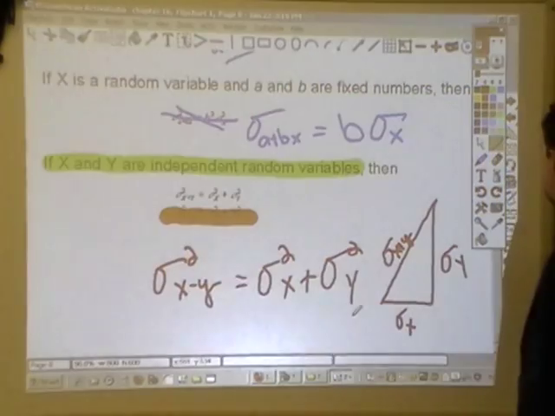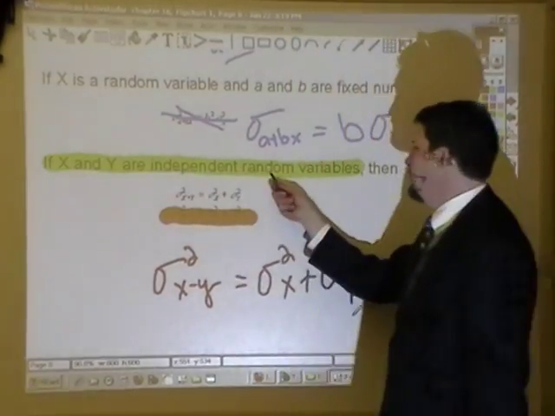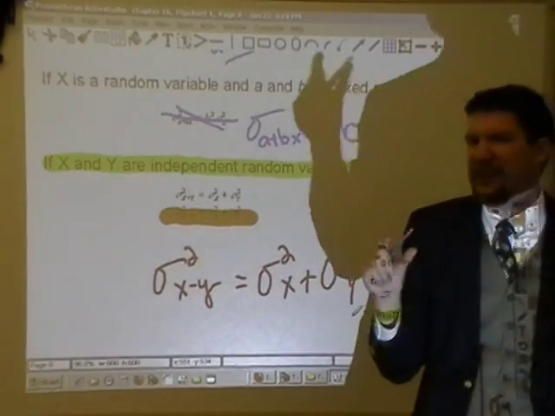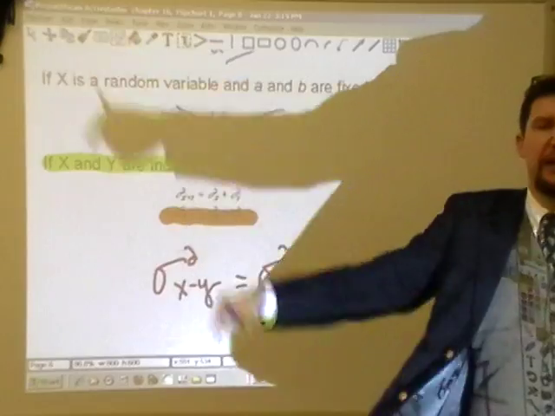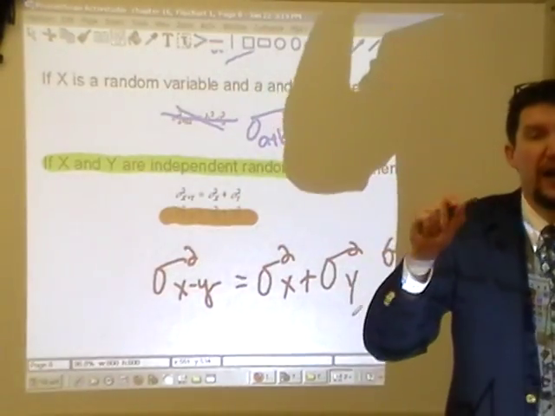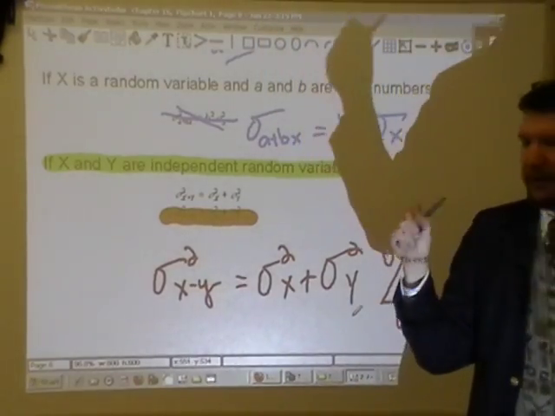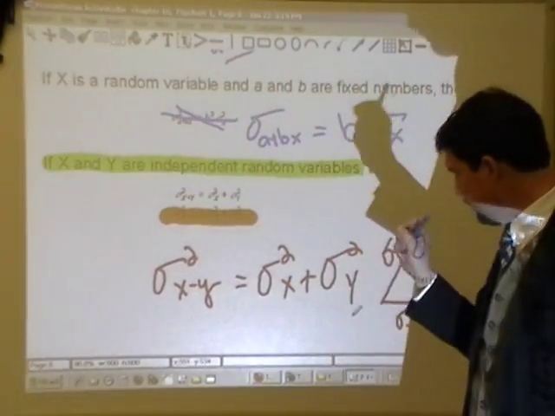The other part of this that could be tricky is that they have to be independent random variables. Say I wanted to combine SAT Math and SAT Verbal. Fine, I can add the means. Standard deviations? No, because those variables are not independent. SAT math and SAT verbal scores are not independent.